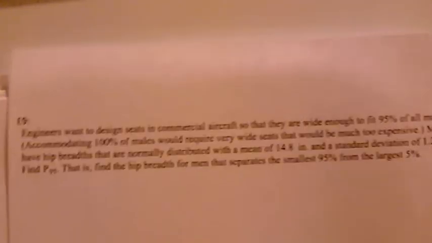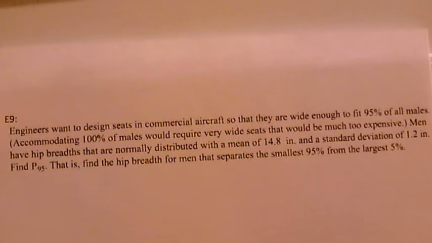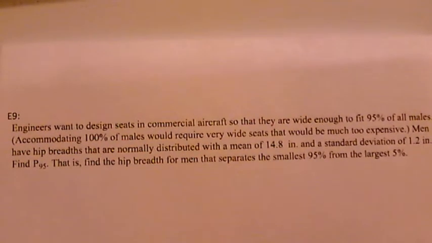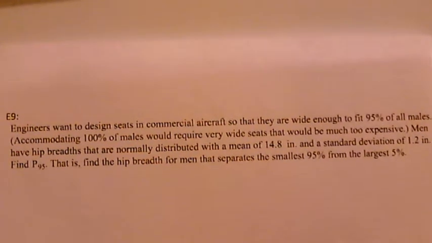Okay, and the last example in this video that I will be doing is here. Engineers wanted to design seats in commercial aircraft so that they are wide enough to fit 95% of all males.